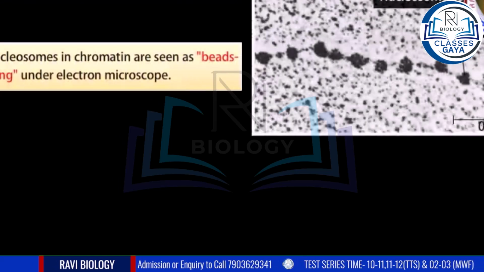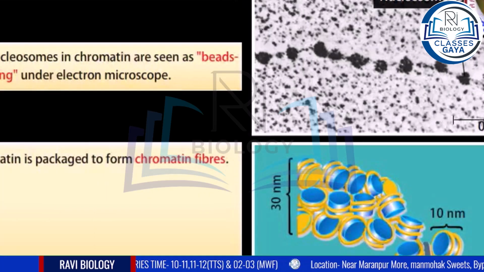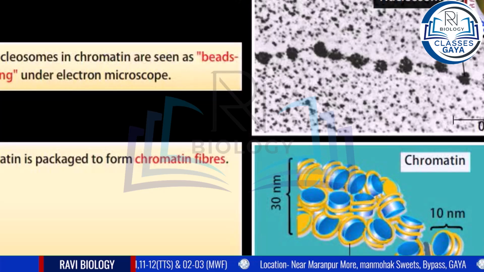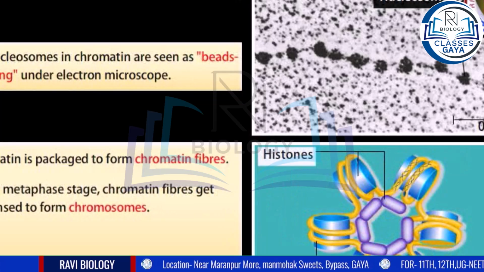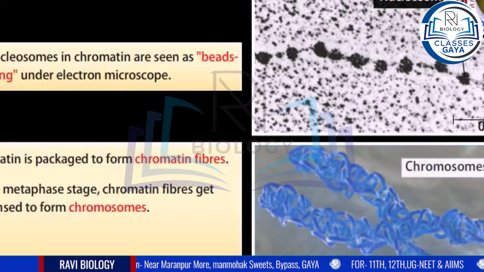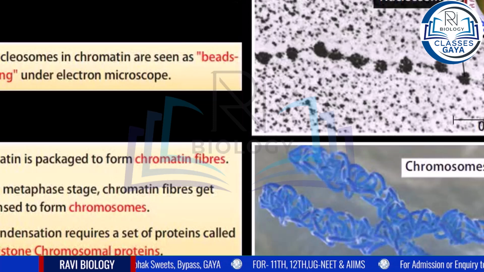The nucleosomes in chromatin are seen as beads on string under electron microscope. Chromatin is packaged to form chromatin fibers. During metaphase stage, chromatin fibers get condensed to form chromosomes. This condensation requires a set of proteins called non-histone chromosomal proteins.